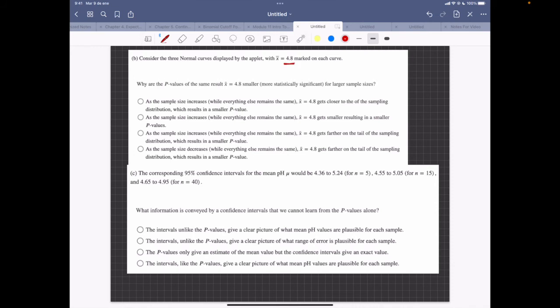Why are the p-values of the same results smaller for larger sample size? So the right answer here is: as the sample size increases, 4.8 gets closer to the mean of the sample distribution, which results in a smaller p-value.